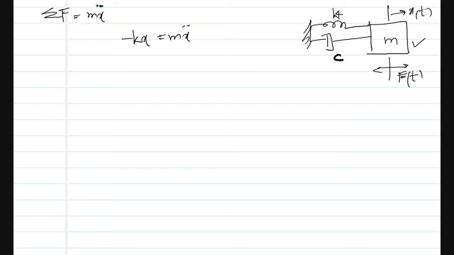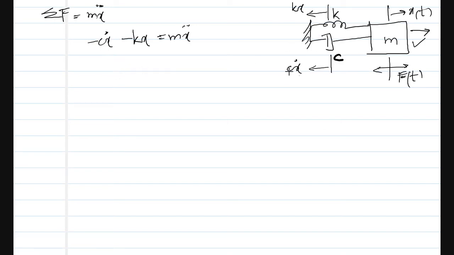Clear? If this mass moves in the right direction, you have the spring force in the left direction equal to kx. You also have a damping force in the left direction equal to c x dot. Clear? So we have minus kx minus c x dot.